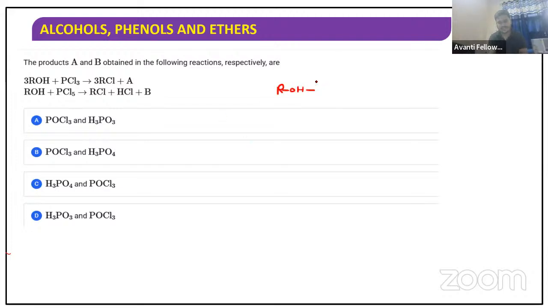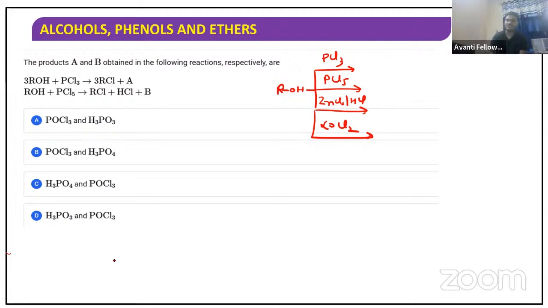Whenever alcohol is treated with either PCl3, PCl5, or ZnCl2 and HCl, or SOCl2, with these four reagents, always alkyl halide formation takes place, right? Alkyl halide formation takes place.